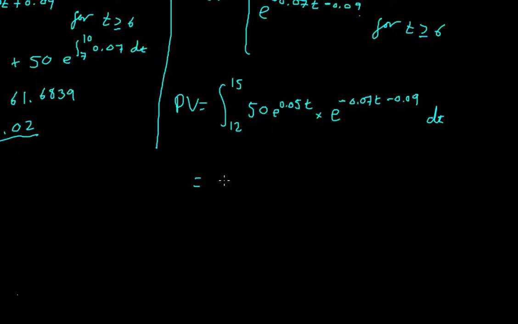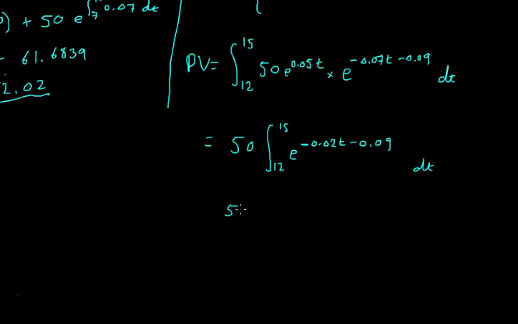We can take the 50 out to make life easier, keeping the time frames, and e to the 0.05t multiplied by e to the negative 0.07t is e to the negative 0.02t minus 0.09, still dt. The integral of this is the function divided by the derivative of its index.